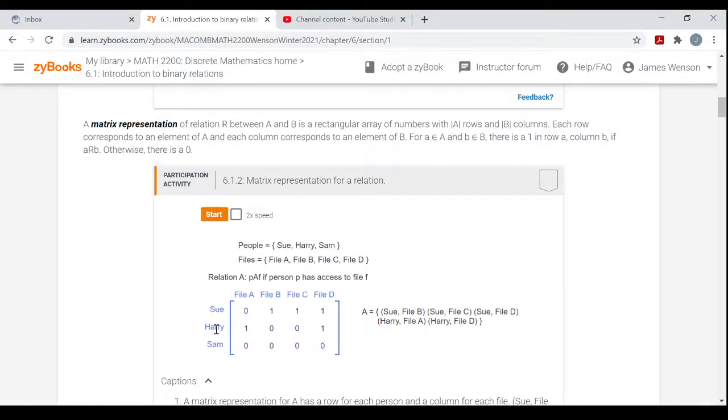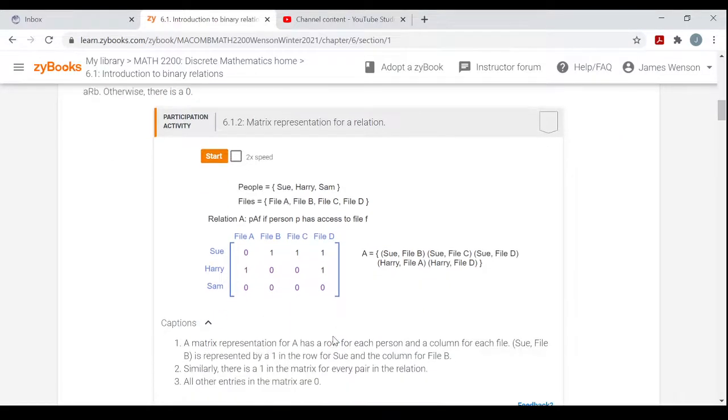And then the Harry row: Harry has access to file A, you see a 1. He doesn't have access to file B or C, so you're seeing zeros there. And then he has access to file D, so you're seeing a 1 again. So basically for any ordered pair you come across in the relation, you're going to see a 1. And then Sam has no access to any of the files, so zeros for all. And you get this 3 by 4 matrix representing this relation.